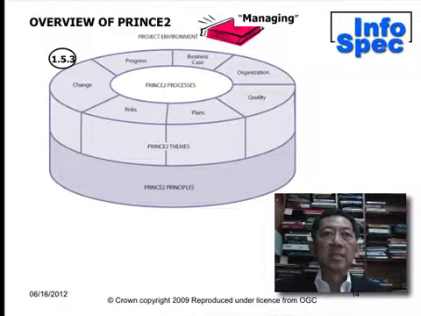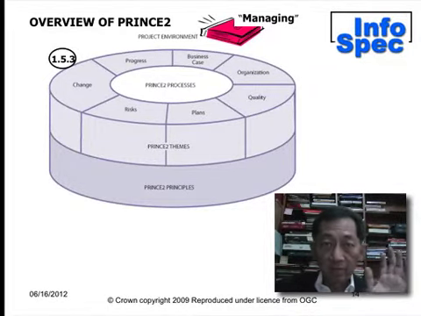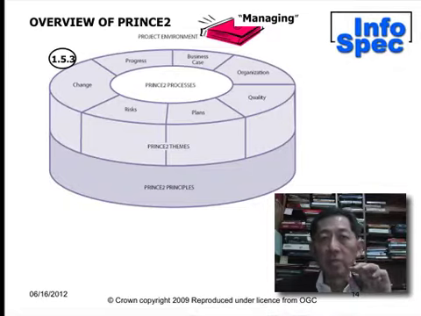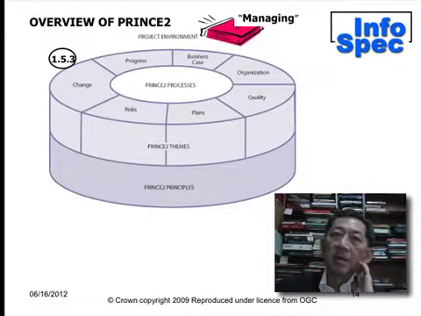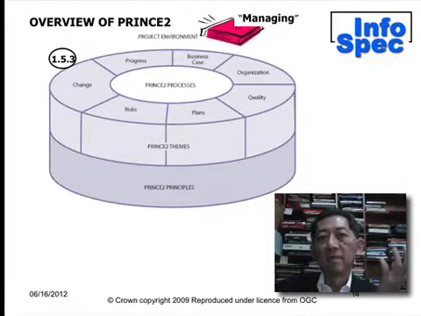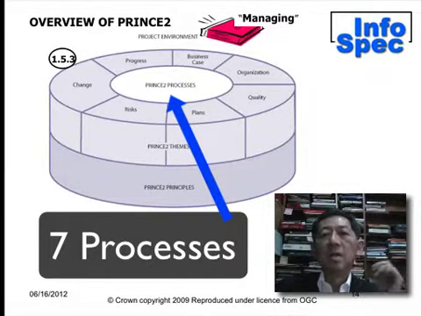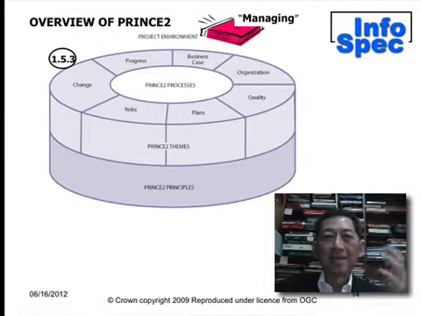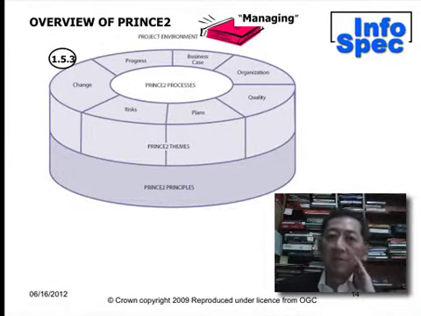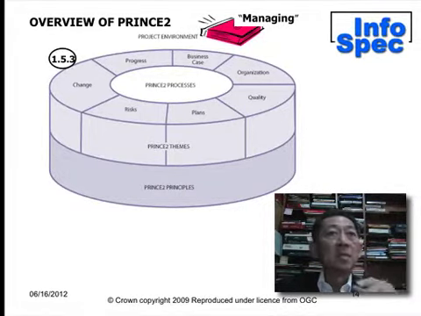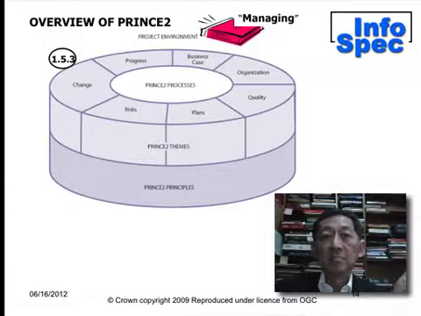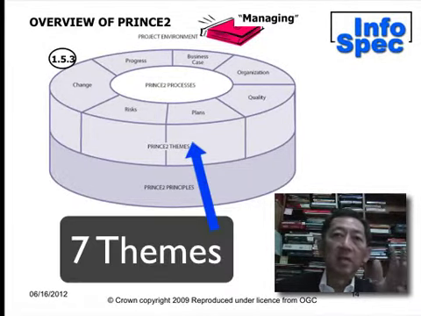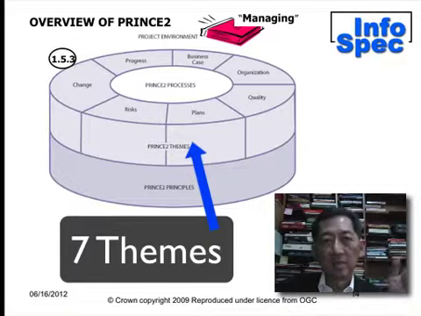If you look at the central part of the diagram, the Prince2 processes, there are 7 processes, groups of activities that have to be carried out before the project starts, during the beginning of the project, middle of the project, and end of the project. We'll be spending a fair bit of time talking about those processes later on. These processes are surrounded by 7 themes, and I shall not insult you by reading out the names of the themes. You can refer to them in the slides later on.